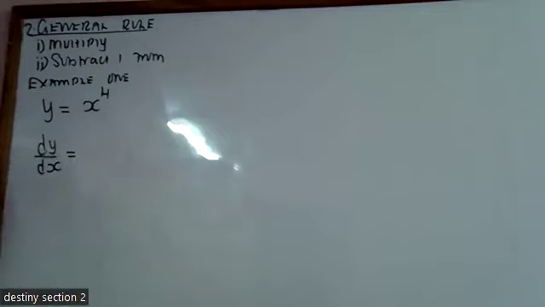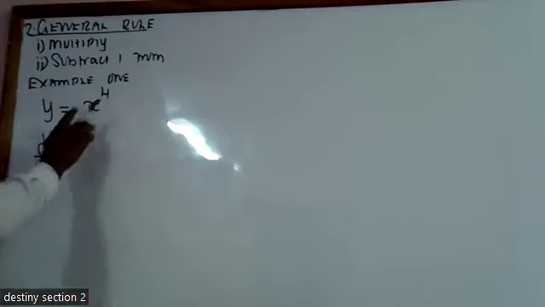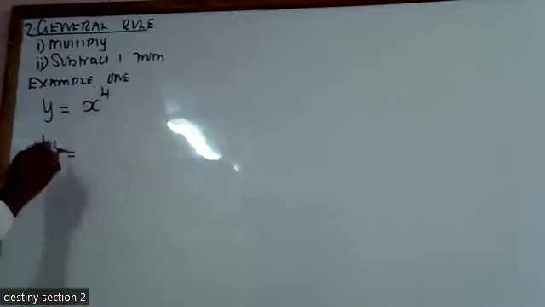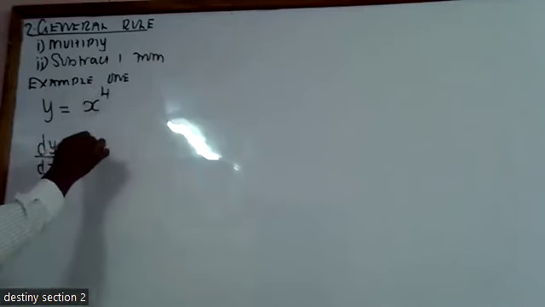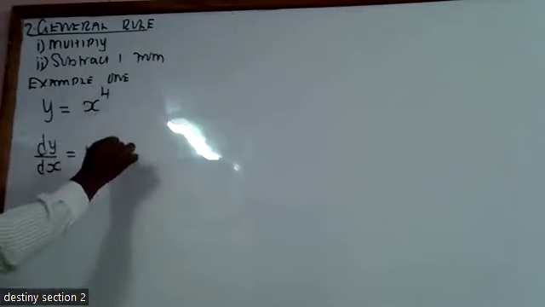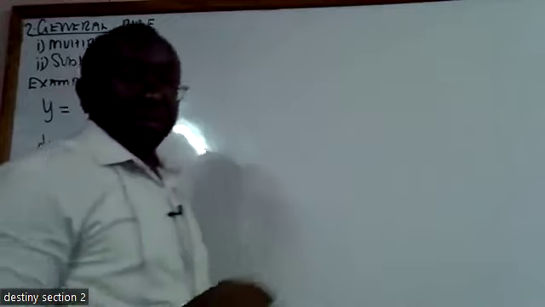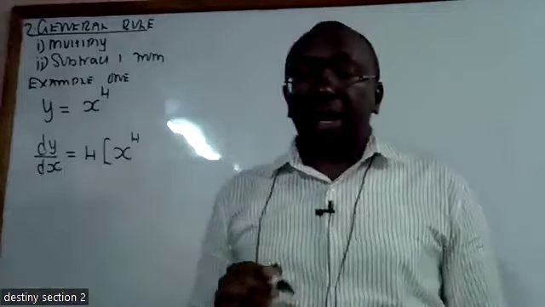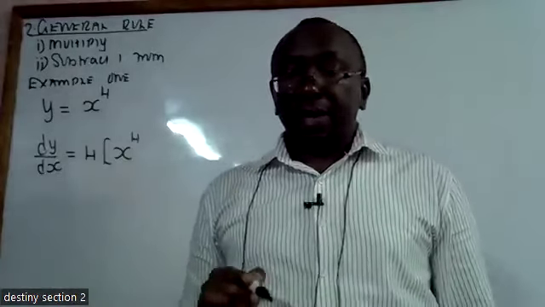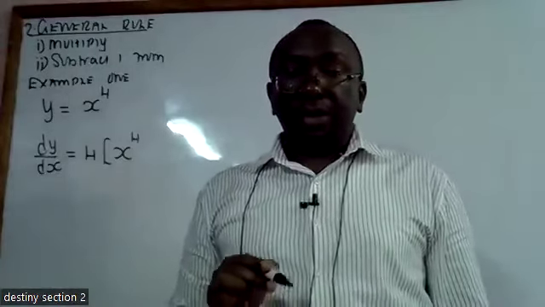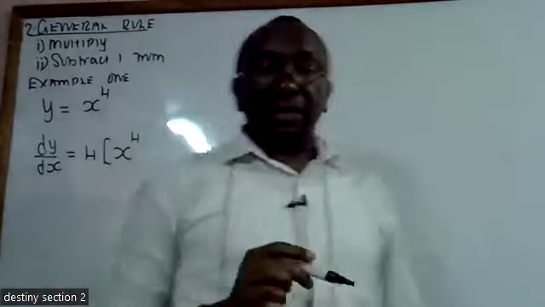The first step is to multiply this function by the original power, 4. So you take 4, then you multiply x raised to power 4. That is the first step. You multiply the function by the original power. Then you subtract 1 from the original power.